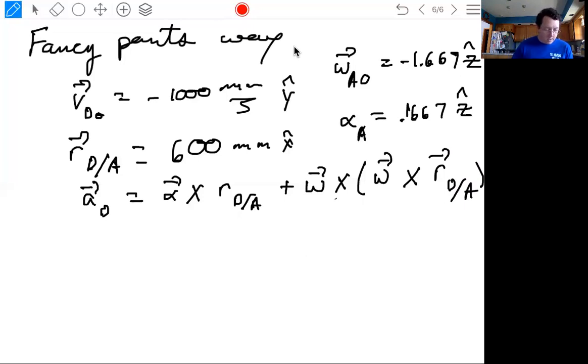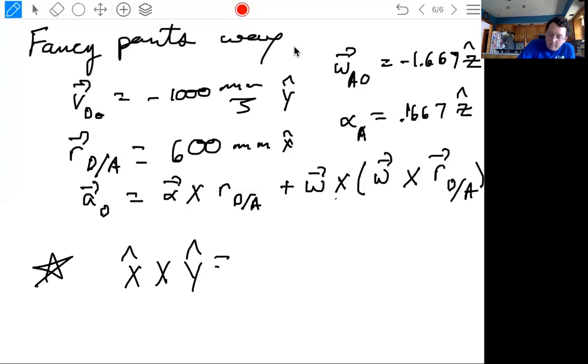We just have to work out these cross products. It's useful to note that when you have planar motion, you don't normally get random vectors times random vectors. Because the rotational omega and alpha point in the z direction, you end up with z hat crossed with a lot of unit vectors. So it's nice to have them written down. Remember, x hat cross y hat equals z hat.